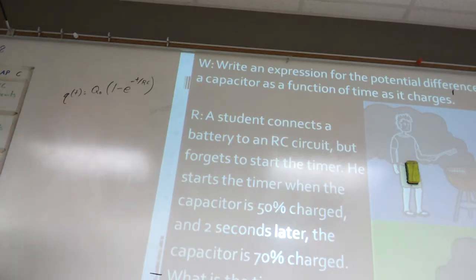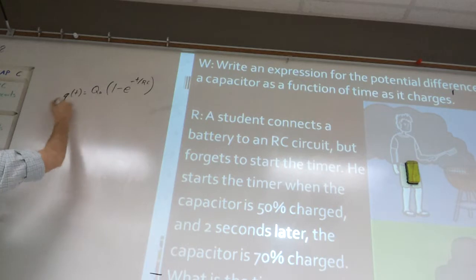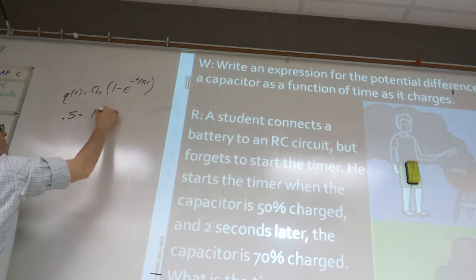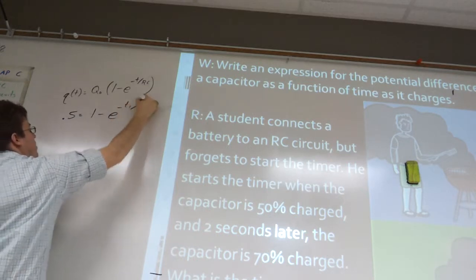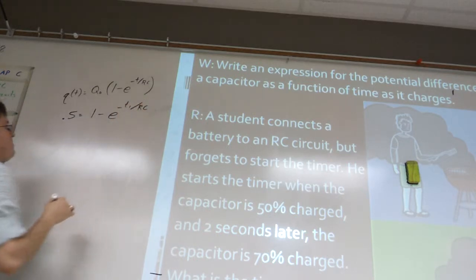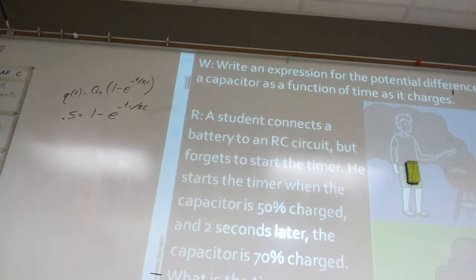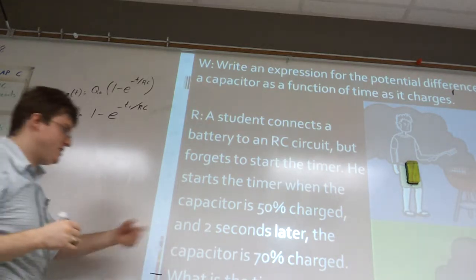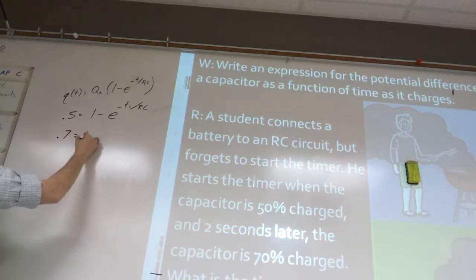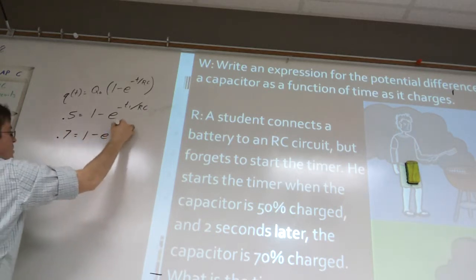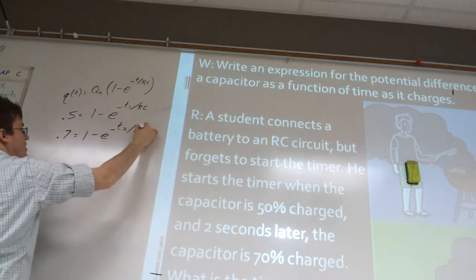It tells me at these two times. So I get 50% equals 1 minus e to the negative T1 over RC. So that's my first equation. Now it says 2 seconds later the capacitor is 70% charged. So 0.7 equals 1 minus e to the negative T2 over RC.